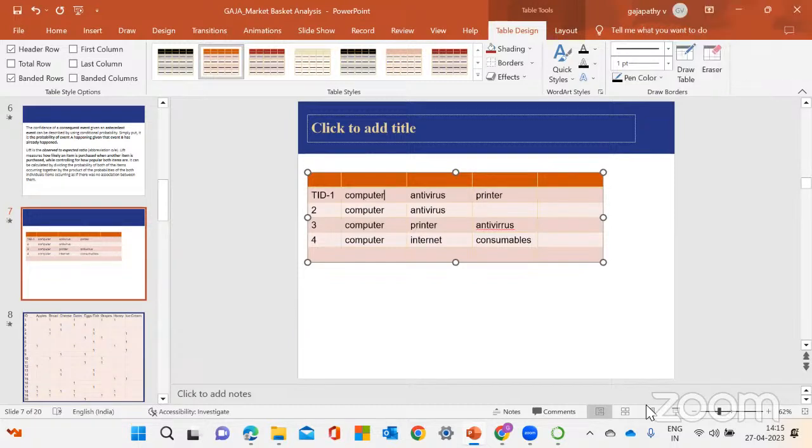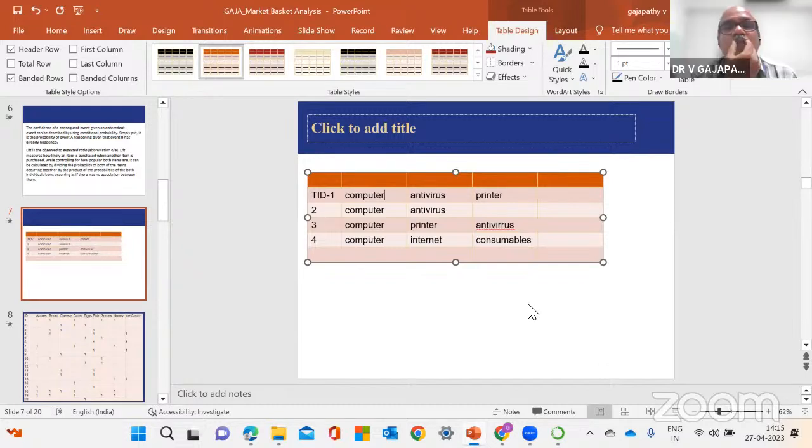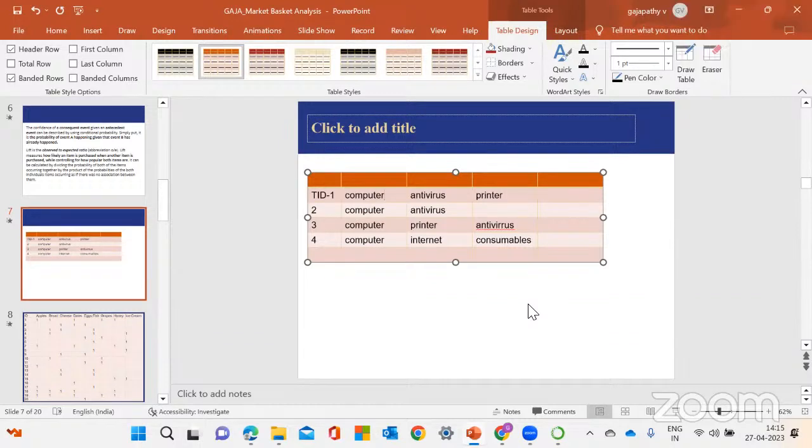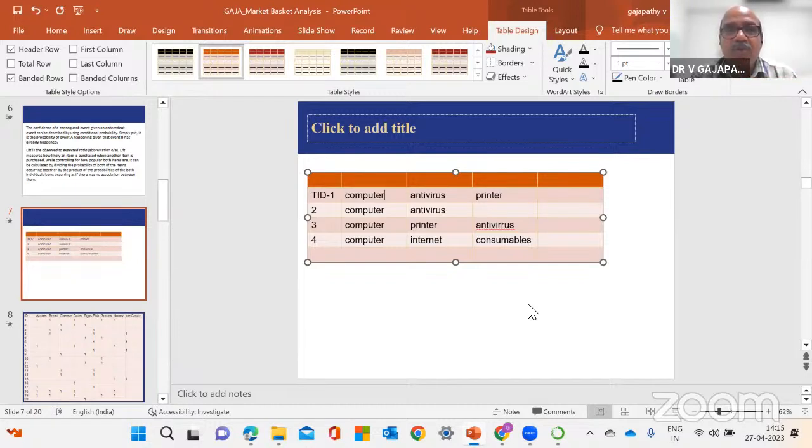Sir, you mean to say that at least we are able to recover the cost of the printer? No. What I see here, I know the association. Now the sales of printer is less, and we can make the situation even more difficult in that the printer margin is also low.